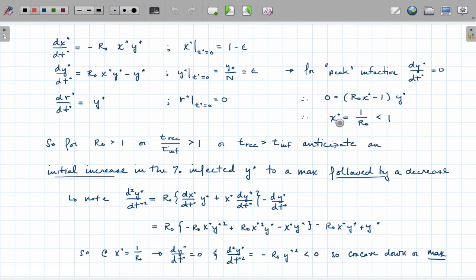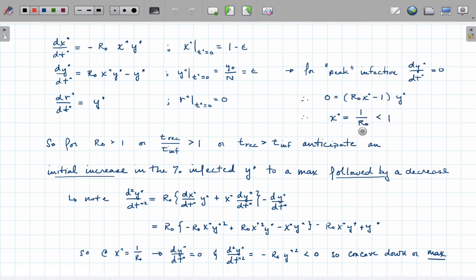That would happen when y star is 0, but that's a spurious answer, because y star being 0 would mean there's no infection, so no epidemic. Or when 1 on R0 is equal to x star, which would also cause this to be 0. So obviously x star is a percentage, it has to be less than 1.